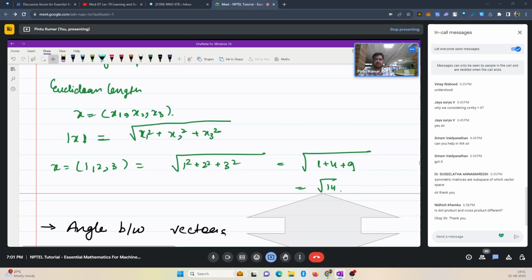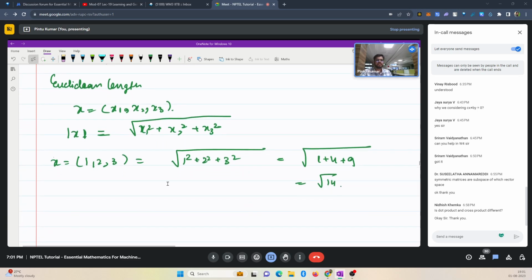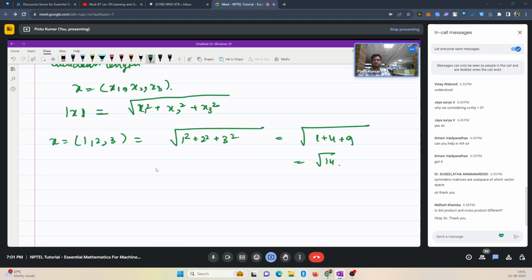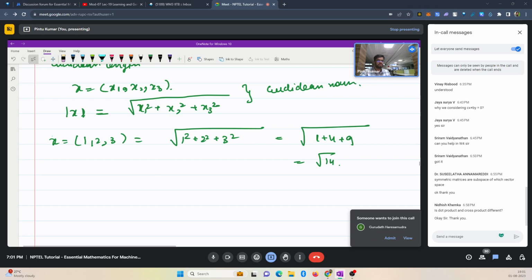Now, for length also, you have a generalization that is called the norm of a vector. I'll probably give you one or two examples. This is called the Euclidean norm. This particular thing that we use for R2 is called the Euclidean length or Euclidean norm.